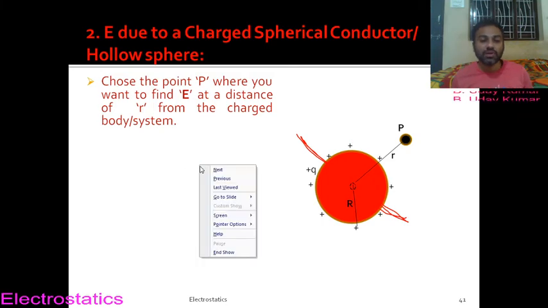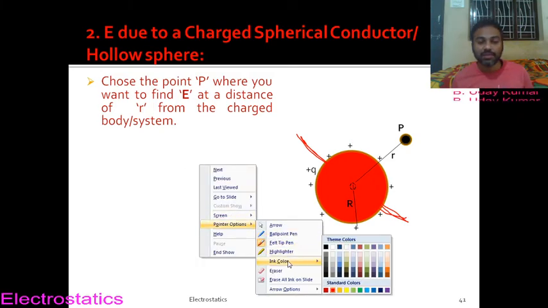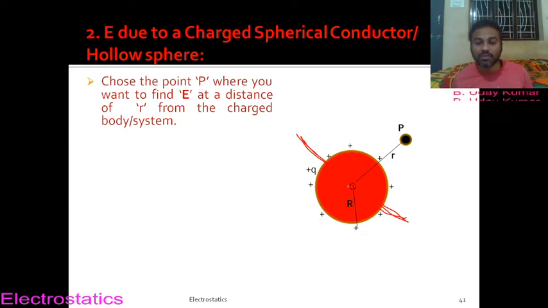Let me take some other color, it helps you. So this one. Is that clear? The distance of point P from the spherical conductor means the distance has to be measured from the center. I hope it is clear.